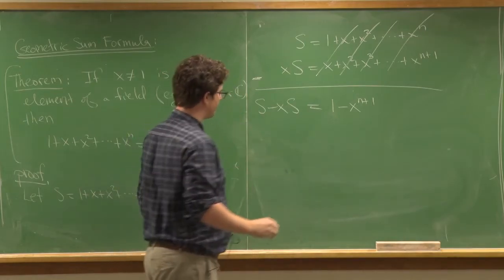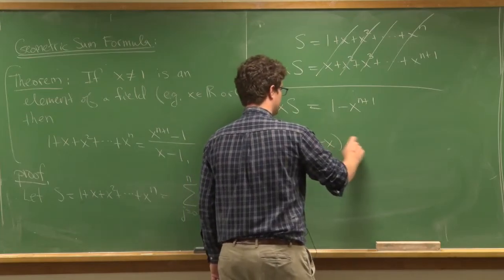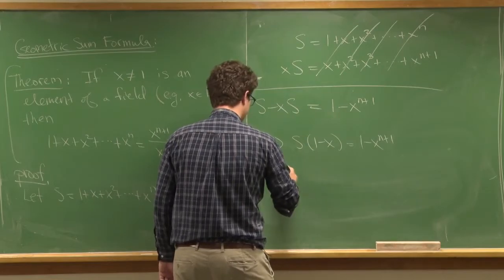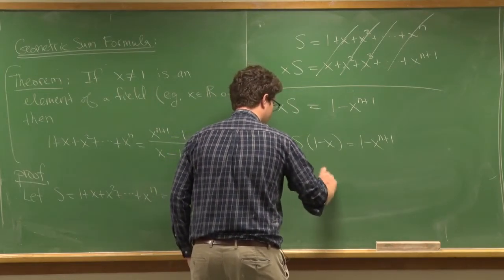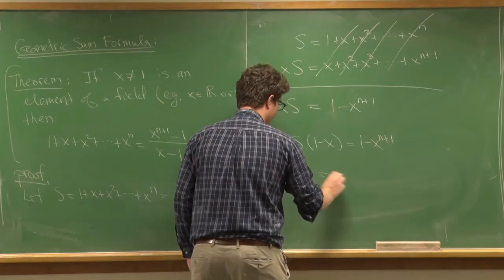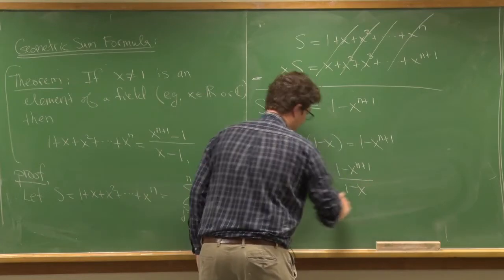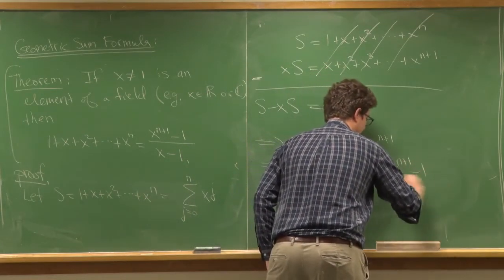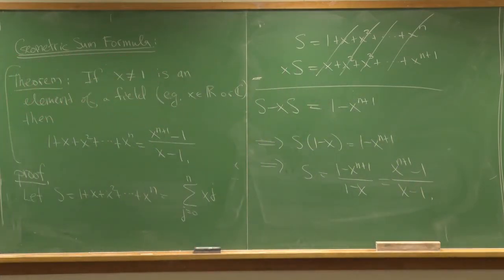So then you just solve for S, right? This tells us that S is equal to 1 minus x to the n plus 1 over 1 minus x. And so this is the same thing as x to the n plus 1 minus 1 over x minus 1. Okay, so that concludes the proof here.